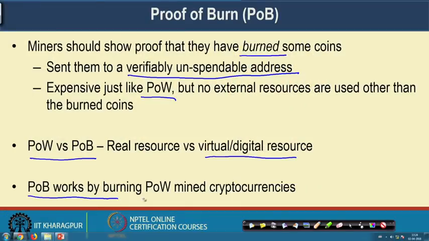That means, once the proof of work gets settled down and people have a certain amount of digital currencies with them, then gradually you can move to a proof of stake or proof of burn based mechanism. So, proof of burn works by burning some proof of work mined cryptocurrencies. The original cryptocurrencies were mined by proof of work, then you burn them to participate in the next mining procedure when the proof of work system got saturated.